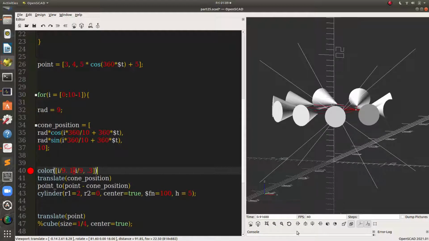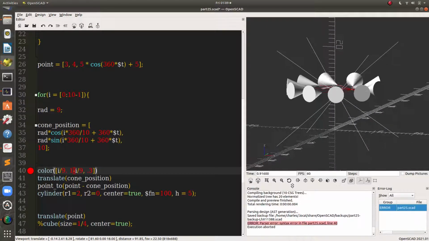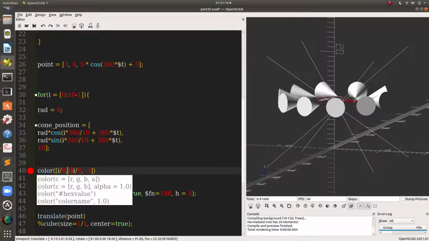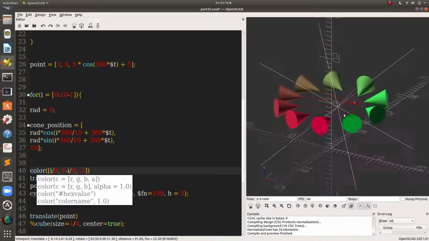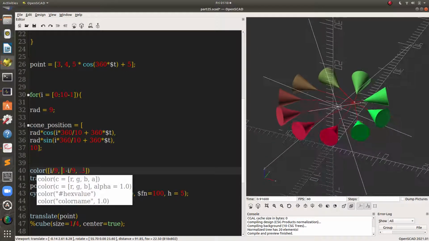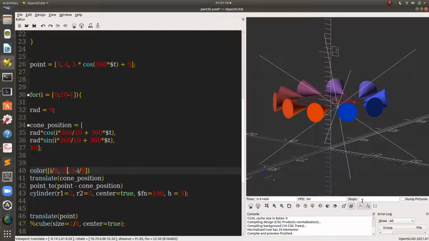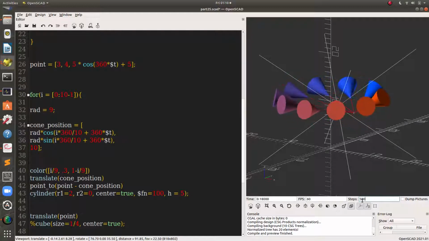Why is that not working? Sorry, syntax error. Oh, commas. There we go. Cool. Maybe it would be more interesting with this color scheme, 3. There we go. I think that's a bit more of an interesting color scheme.